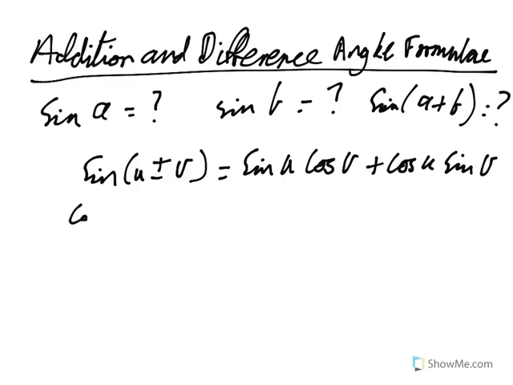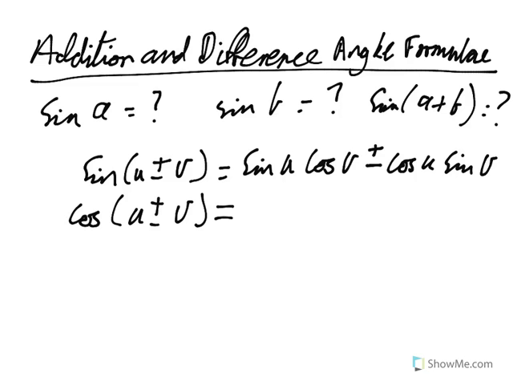Actually, I haven't quite done that right. If it's sine of u plus v, then it's sine u cos v plus cos u sine v. And if it's sine of u minus v, it's sine u cos v minus cos u sine v.